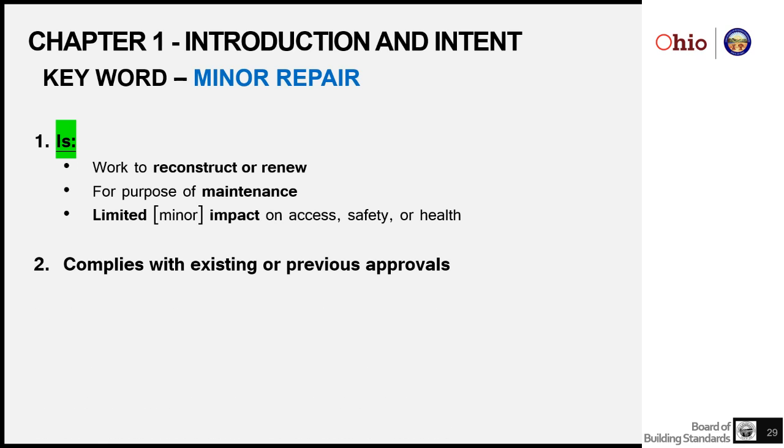It should comply with existing or previous approvals. So essentially the owner is looking at what already exists and they're restoring or repairing that to bring it back to what was previously approved and was damaged or got worn out. So you have some evidence of what was previously approved.